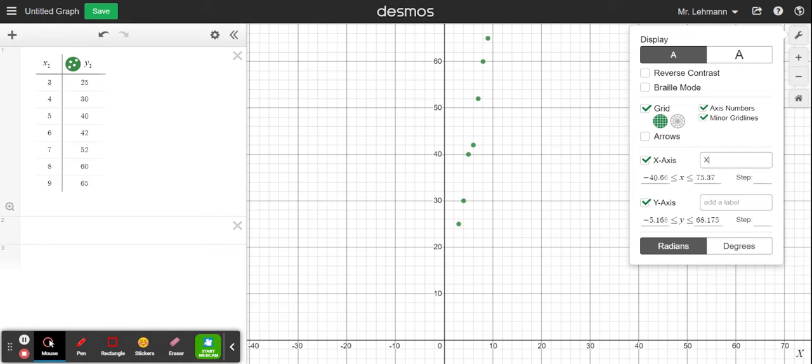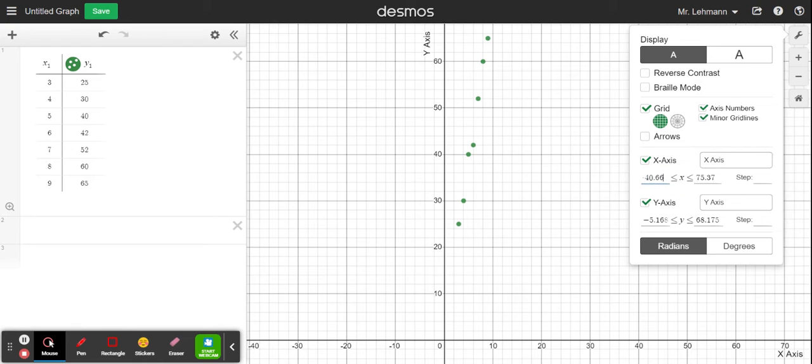Well, we don't know what the data is called, so I'm just going to call it the x-axis, to show you that when you type in a label, it goes down here in the bottom right. If you're labeling this and this is months of the year, you should put months of the year. Temperature in degrees, you should put temperature in degrees. Same thing here. We can type in y-axis and label that up.